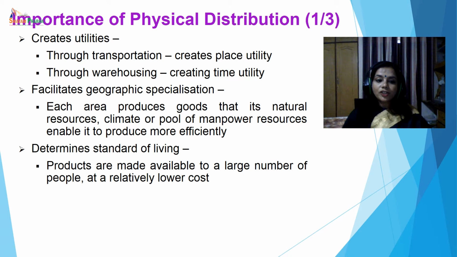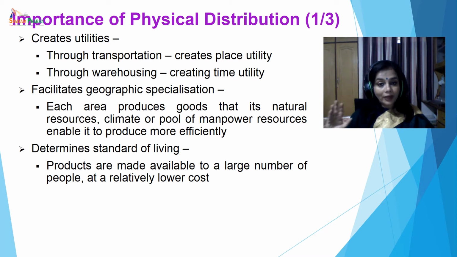Physical distribution creates utilities. Through transportation, it creates place utility. It transports the product from where it is manufactured to the point of consumption. Also, from where the product is manufactured or produced in abundance to places where it is demanded or where it is in short supply.